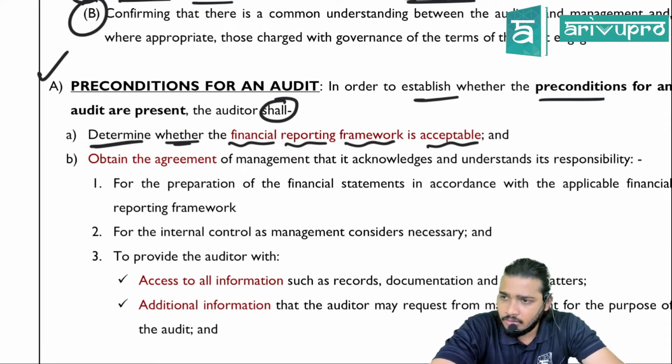Next line, example. Now, two examples we'll take. One is our normal entity, one is our banking entity. Example, situation 1. In case of a normal entity, the financial reporting means financial statements.